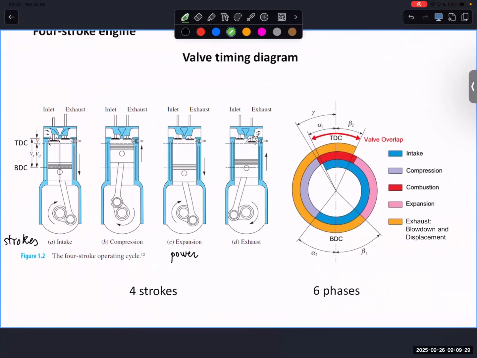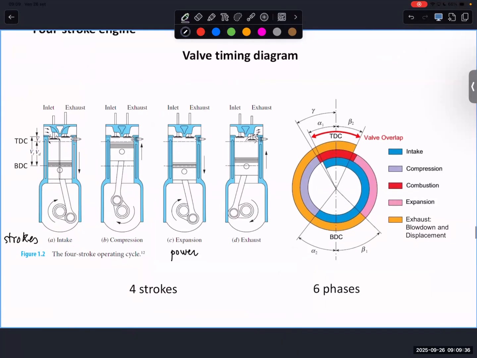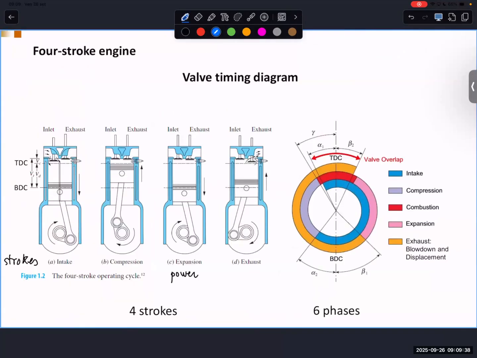We were saying that roughly 2 strokes are dedicated to the gas exchange process.